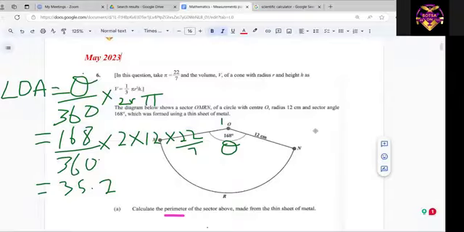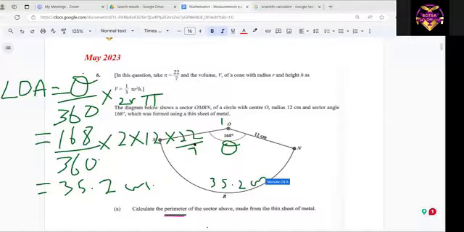Okay, so that was the length of the arc. The radius was in centimeters, so the length of the arc will also be in centimeters. But we're not finished with the question, as I said, because they want the perimeter. So we know that this here is 35.2 centimeters.